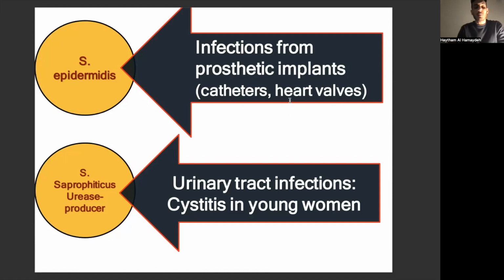Saprophyticus is a urease producer. It is urease positive.